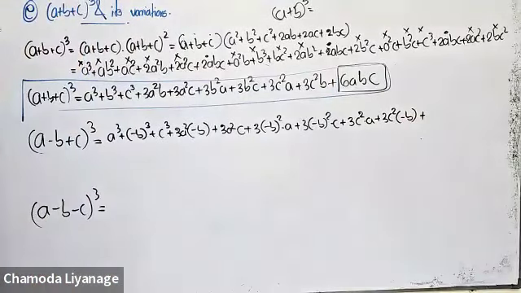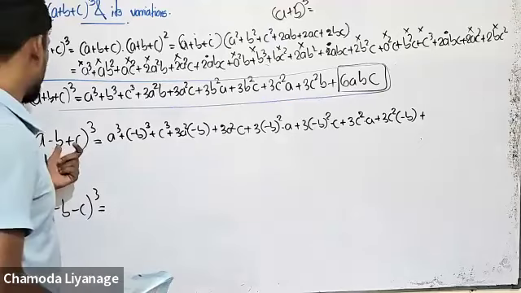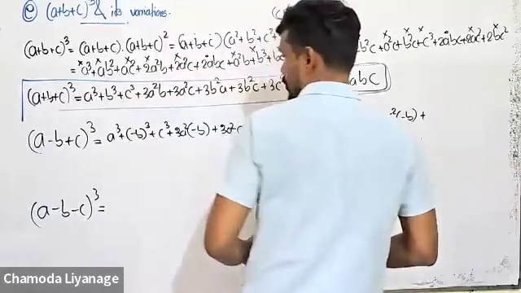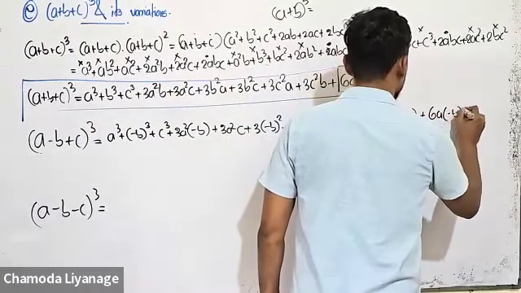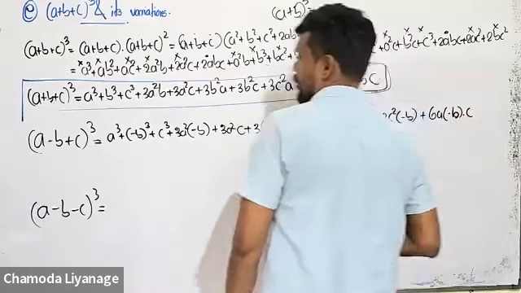Okay, right. What next? And finally 6a times minus b into c.